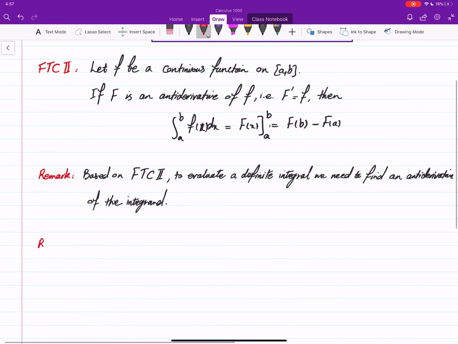Another remark is that, well, you may say that, okay, antiderivatives of a function have this plus c.